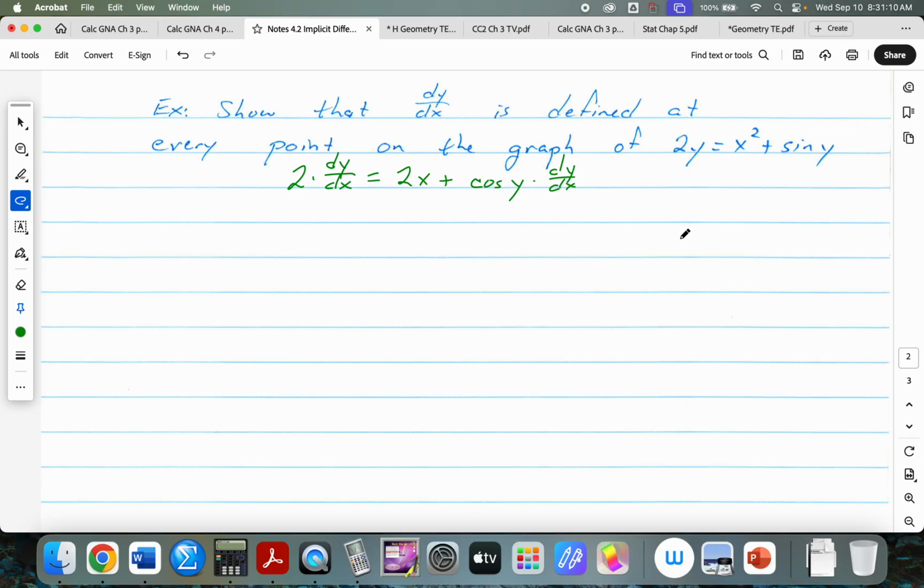I want to solve this for dy dx, so I'm going to bring the cosine of y dy dx to the other side of the equation, so that we have 2 dy dx minus cosine of y dy dx is equal to 2x.